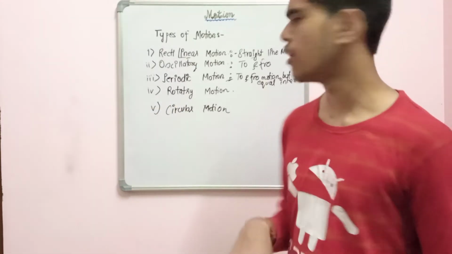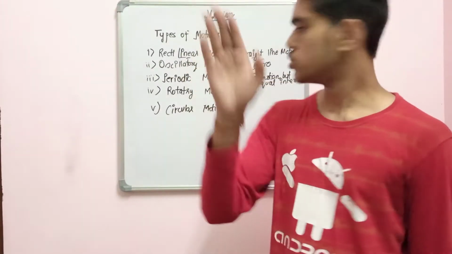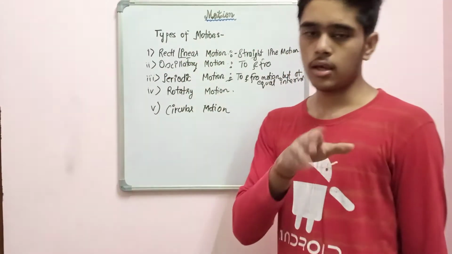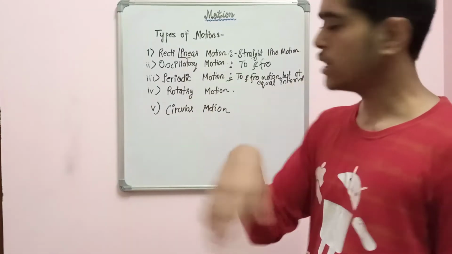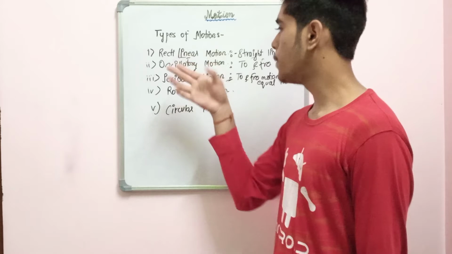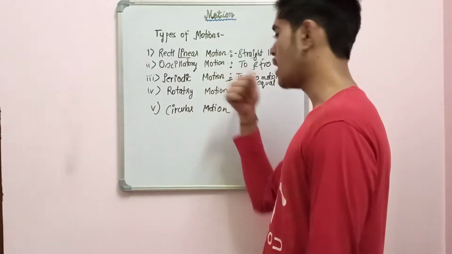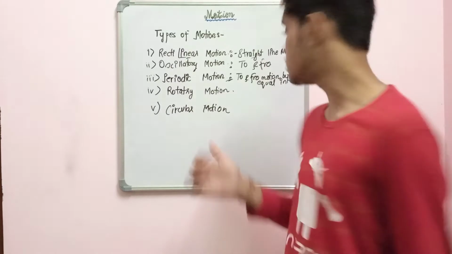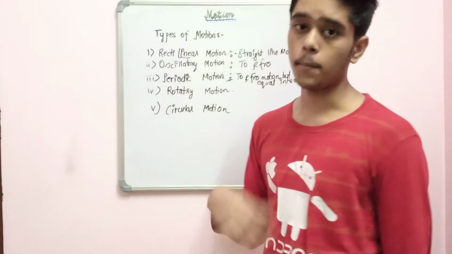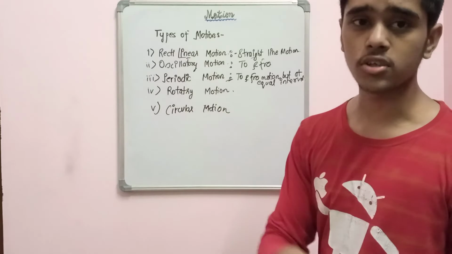But in the case of periodic motion, there is a repetition. So the pendulum clock movement is not actually the complete example of oscillatory motion, because oscillatory motion just suggests to and fro. It doesn't suggest an equal interval of time. Roughly, it is an example of oscillatory motion.